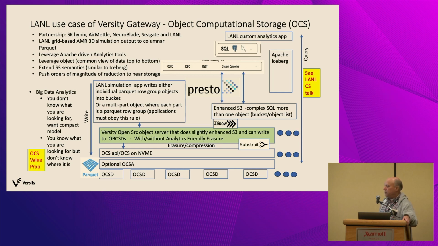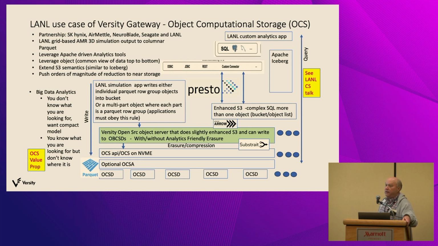And there's a huge Apache ecosystem out there with lots and lots of tools. Presto is one example. Iceberg is another. These database connectors, ADBC, came from that universe. And so anyway, that's the goal.